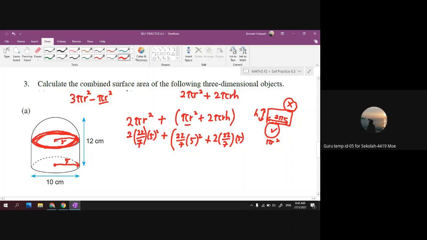So kita dah tahu radius untuk hemisphere ni adalah 5. So ke atas macam ni pun dikira radius, right? So 5. So 12 minus 5, you will get 7. So kamu dapatlah ketinggian untuk silinder ni. Okay, 12 minus the height of this hemisphere. So we'll get the height of cylinder, 7.